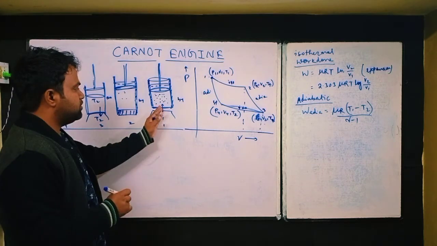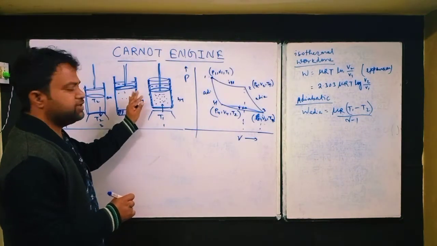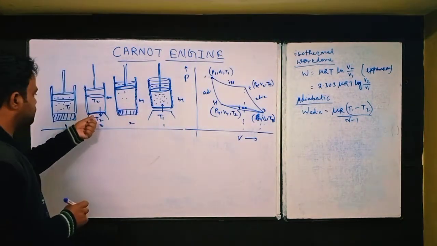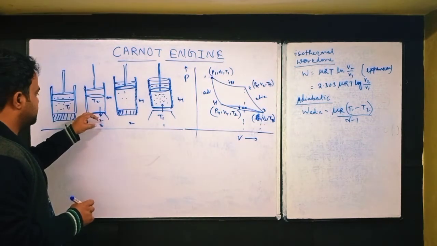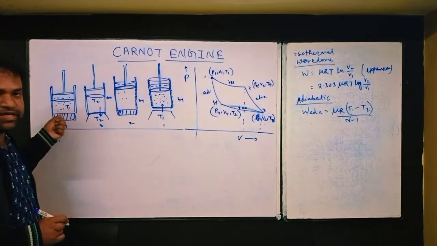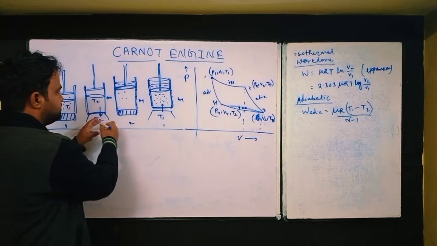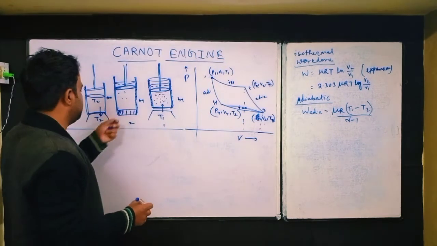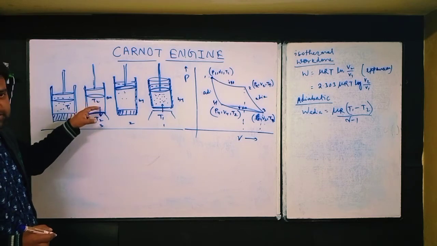So in W1 only we are supplying the external heat. Here we are not allowing any external heat. In W3, the system is releasing the heat, right? And here also no external heat is allowed to come in or go out. So in the first case we are supplying heat, and in the third case heat is rejected by the system, right?